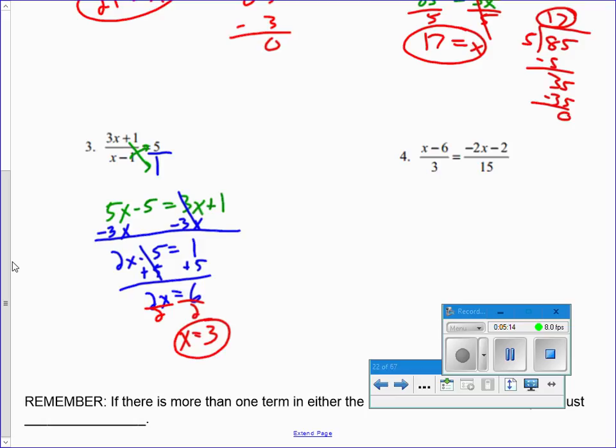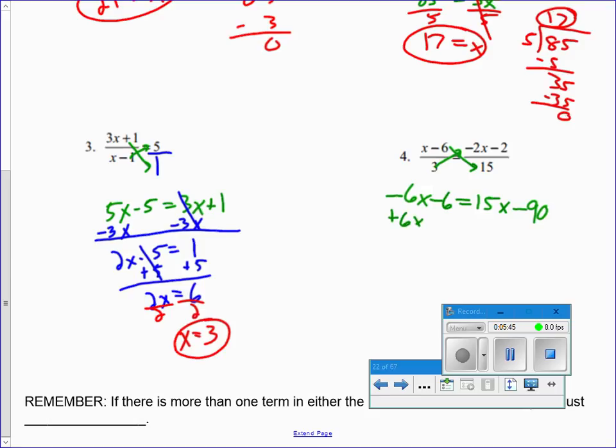Last one here. It looks a little complicated starting off, but really it's the same thing we've been doing. Just cross multiply, being careful when there's more than one term that we distribute. So it starts off negative 6x minus 6 equals 15x minus 90. Then again, we're going to work to solve.